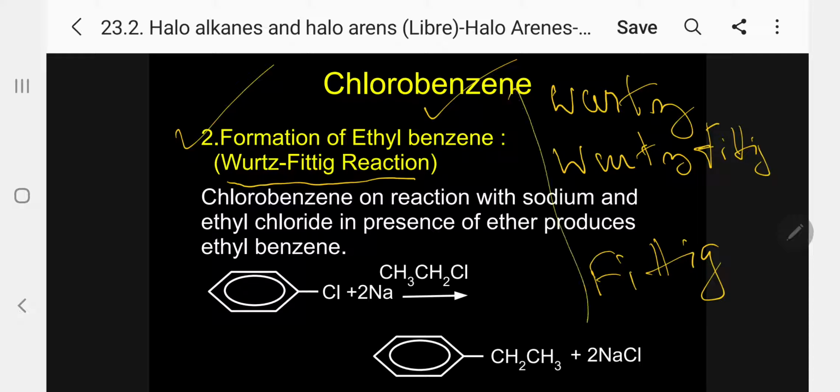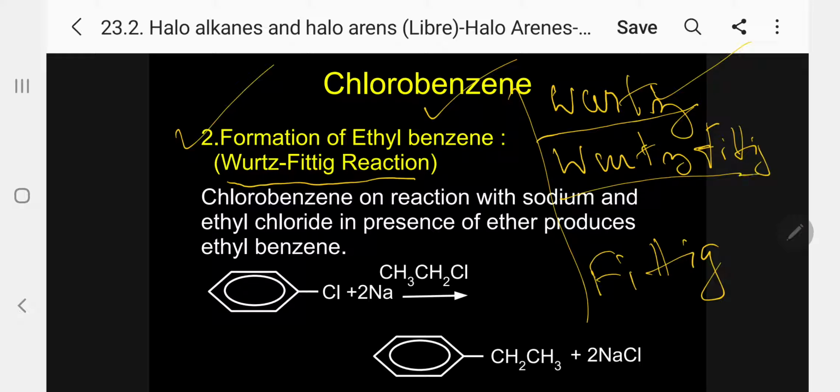What is the difference between these? The Wurtz reaction is only suitable for the preparation of alkanes containing an even number of carbon atoms. Simple example: methyl bromide in the presence of sodium in dry ether gives ethane in the Wurtz reaction. It is suitable only for even numbers of carbon atoms, so ethane, butane, hexane, like that.